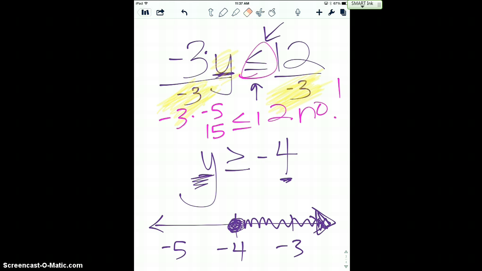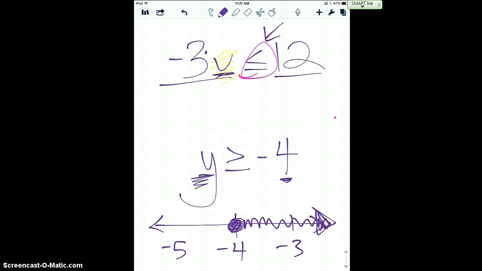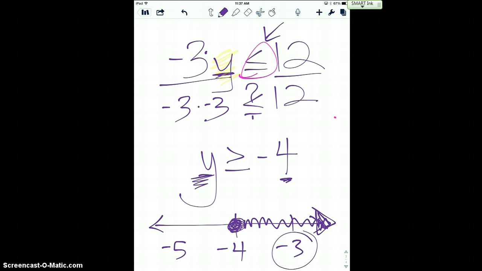So now if I go back and I recheck my work, and I plug in a value that's greater than -4, like -3. -3 times -3. Is that less than or equal to 12? So -3 times -3 is 9. And that is less than or equal to 12. It works.